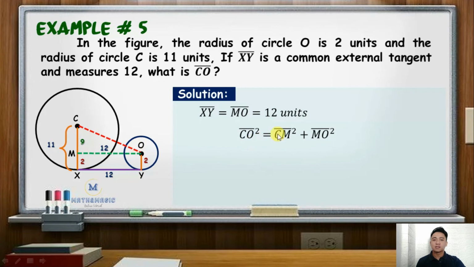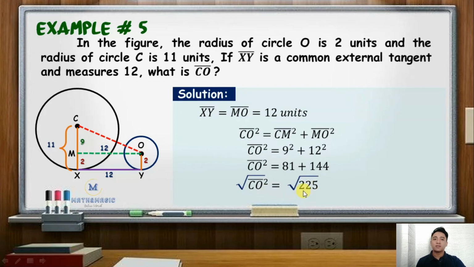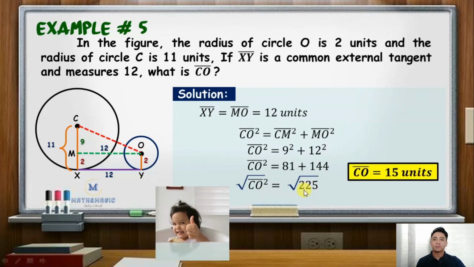Substituting the values, segment CM is 9 units while segment MO is 12 units. The square of 9 is 81. The square of 12 is 144. Adding 81 and 144, the sum is equal to 225. Getting the square root of both sides, segment CO is 15 units in length.